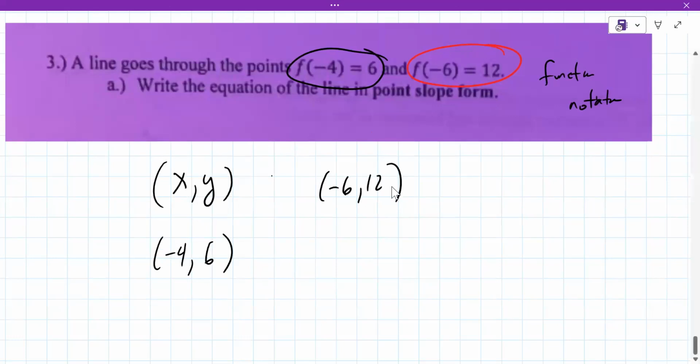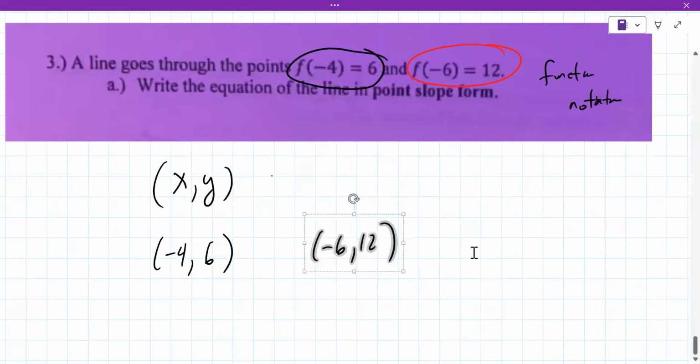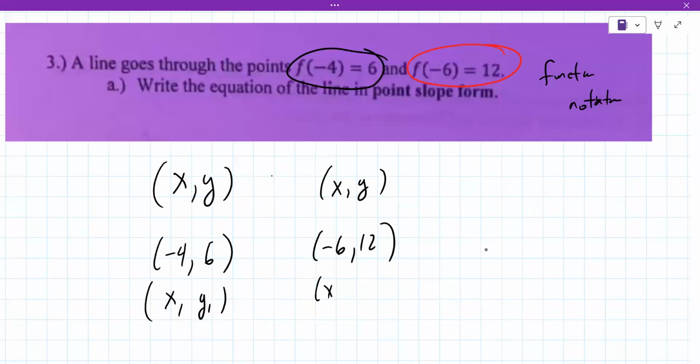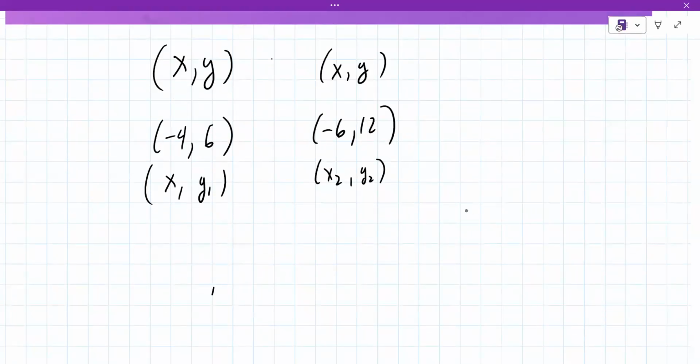Very good. So now the slope formula. We can be more specific: this is x1 and y1, and x2 and y2. Do you remember the slope formula? I think I do actually. Would it be y equals mx plus b? That is not the slope formula.